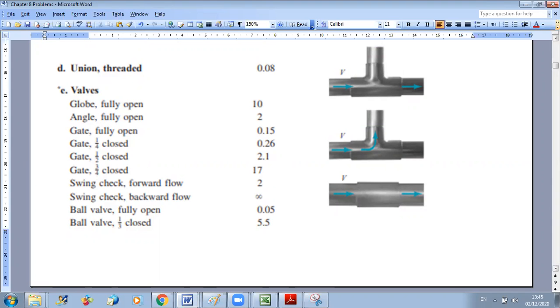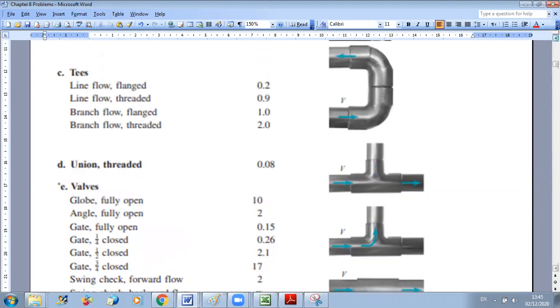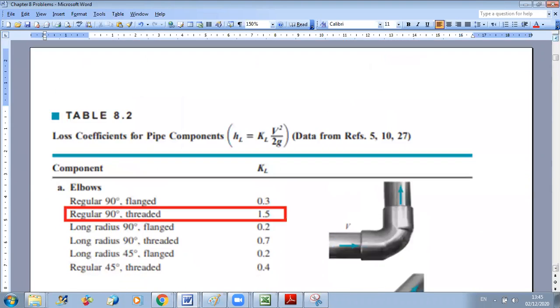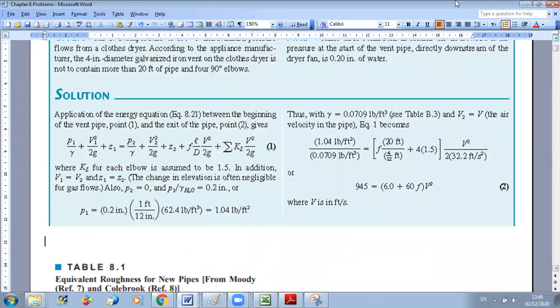So it's very simple. All you have to do, you go to your given, you see what is the name of the accessory. So here they said that we have 90 degrees elbows. Okay, so we selected the corresponding value for KL. Okay, now to continue, we are done with KL, we know it.